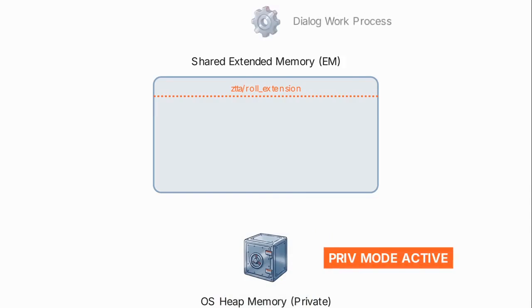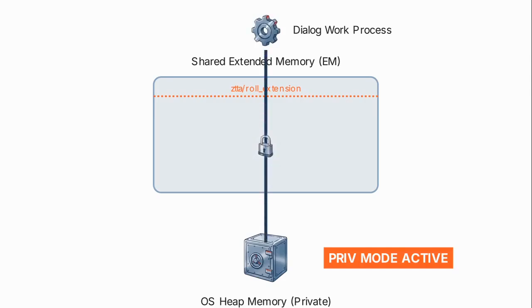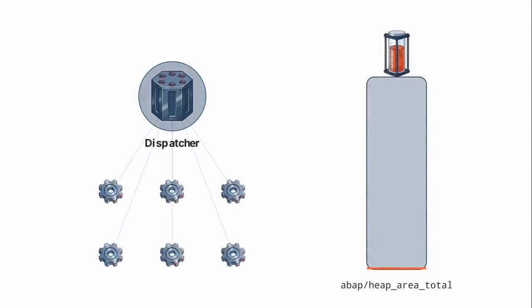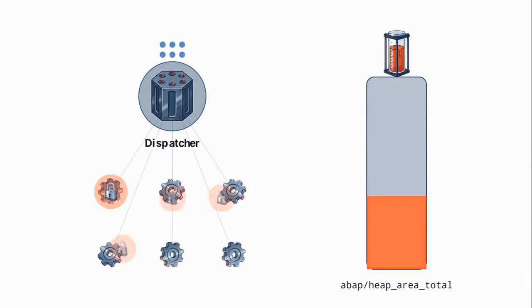The immediate consequence of priv mode is that the work process is now exclusively locked to that specific user context until the entire transaction ends. Because it is locked in this private state, it can no longer be detached or multiplexed by the dispatcher to help other users. A cascading failure occurs when too many processes enter this locked state simultaneously, starving the dispatcher of available workers.